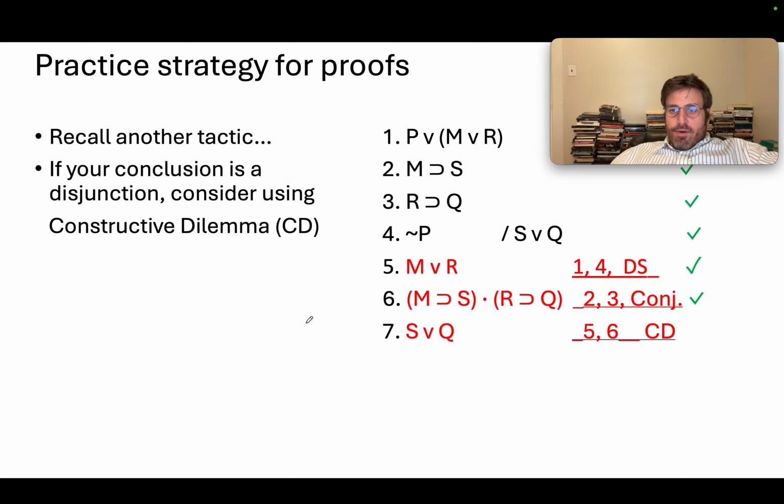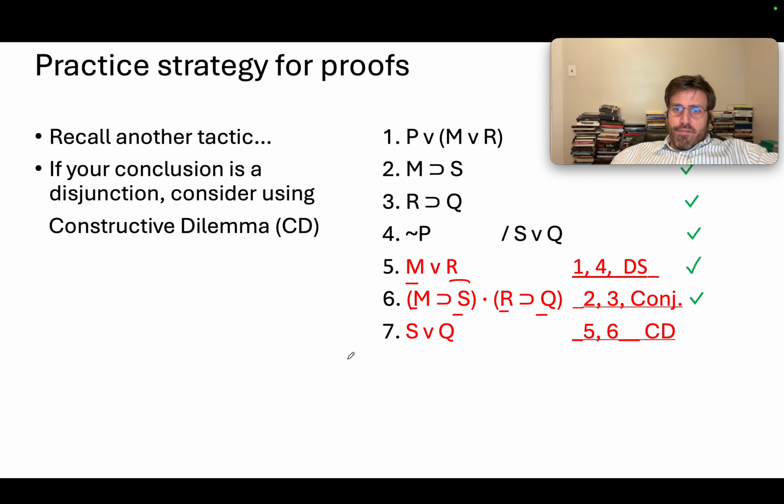We can apply now constructive dilemma to lines 5 and 6 to generate either S or Q. Remember that with constructive dilemma, we are finding in the second premise the disjunction of the antecedents, M or R, right? So those are in fact appearing in line 5, so that we can infer the disjunction of the consequence, either S or Q. That is equivalent with our rule, constructive dilemma.